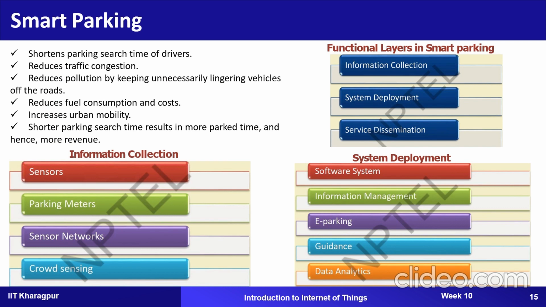So basically these components are responsible for collecting the information about the environment or about the parking lots. The next one is your system deployment. It consists of various components such as your software system, information management, e-parking, guidance, and data analytics.